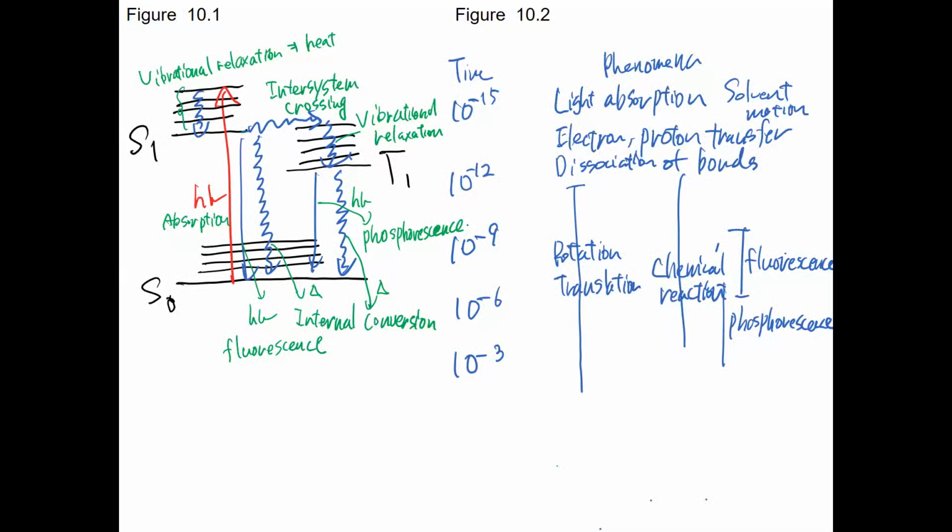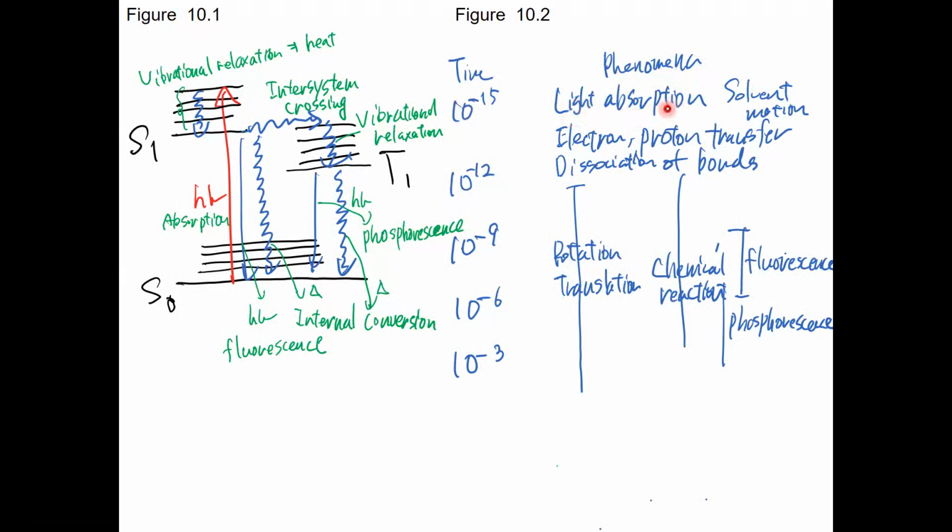The time scales for these processes are summarized in the right figure. As I mentioned, this is 10 to the minus 15th, the light absorption process, a very fast process and the initial process.